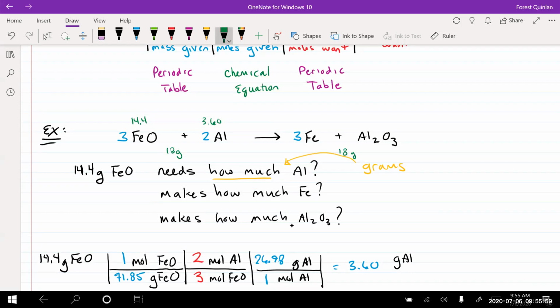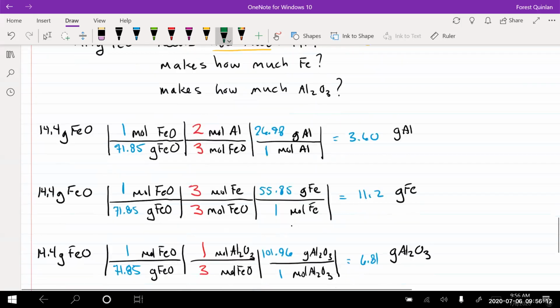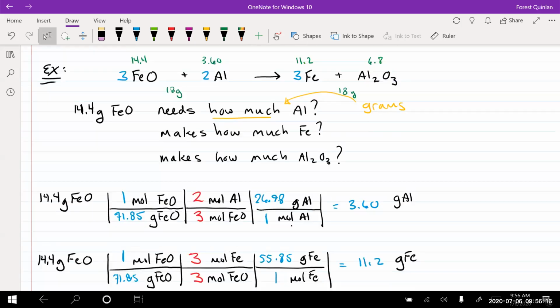So once you told me that iron was 11.2, it fell out that aluminum oxide had to be 6.81. It's okay, I just remembered my conservation of mass. Today, it should all fall out. If you know the amount of one thing, you know the amount of all things. It's really, really powerful.